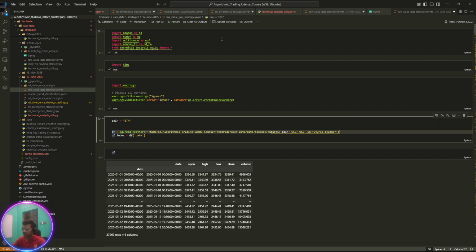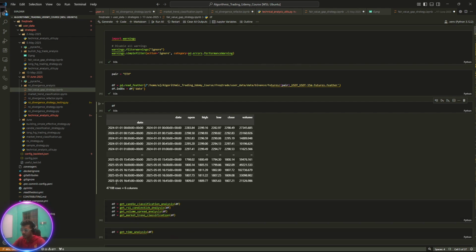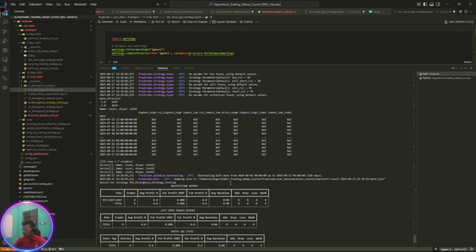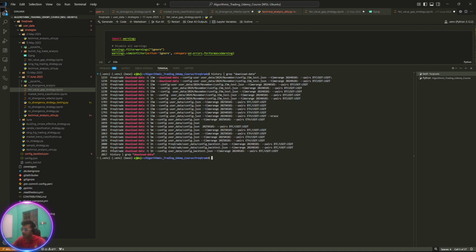Ethereum, let's take 15 minutes. Do I have 15 minutes data? It's like 5. I'm going to download 15 minutes data. Download 15 minutes, Binance.